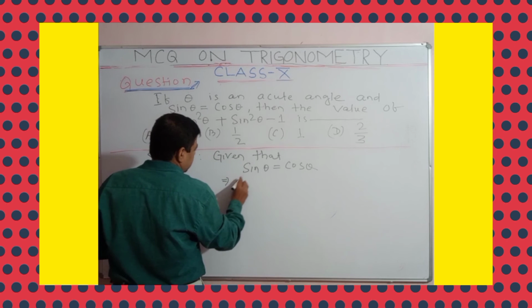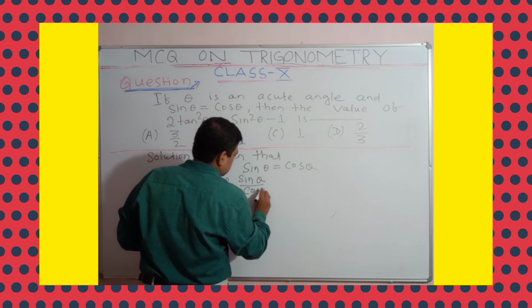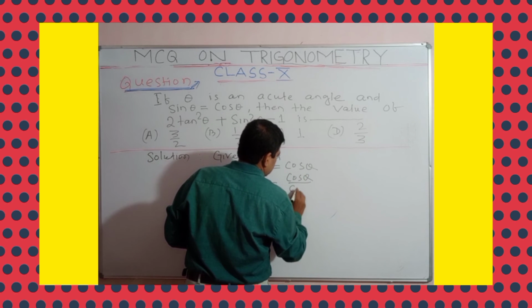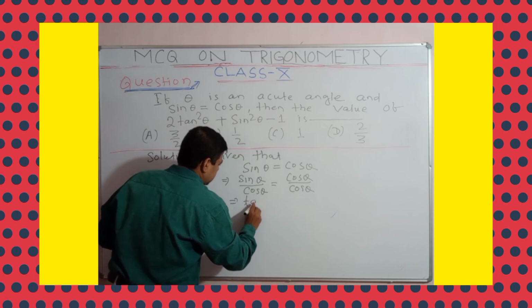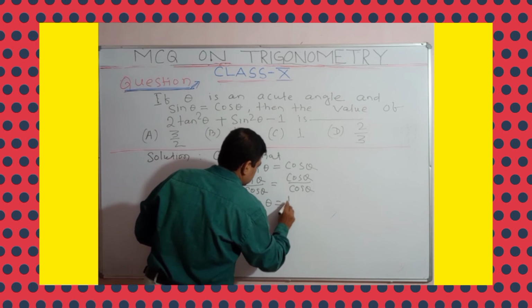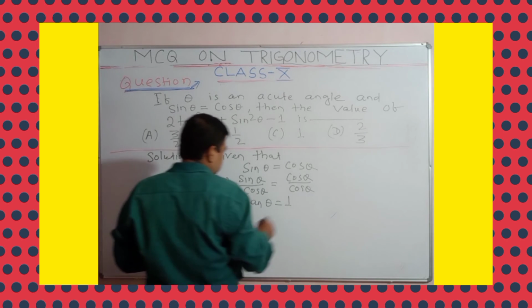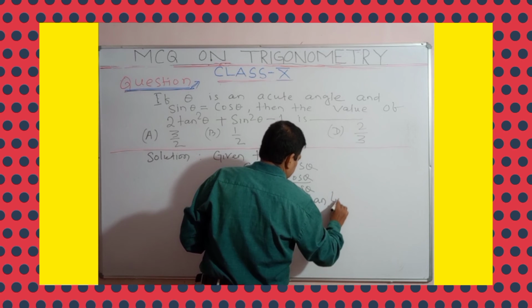So that implies, divide both sides by cos theta, sin theta by cos theta is equal to cos theta by cos theta. So sin theta by cos theta is tan theta, and cos theta by cos theta will be cancelled, the value will be 1, and you know the value of 1 is tan what, 45 degree.